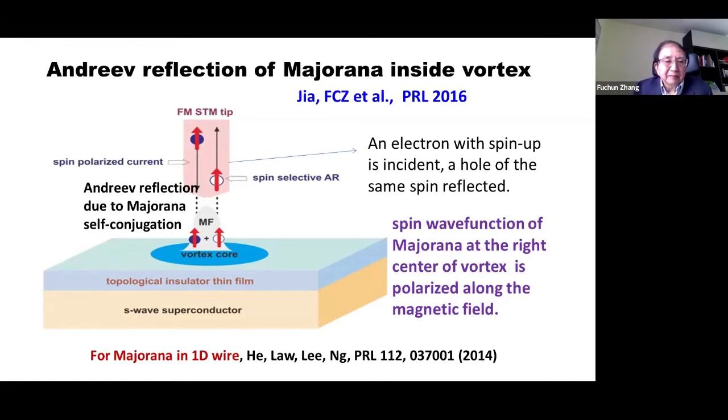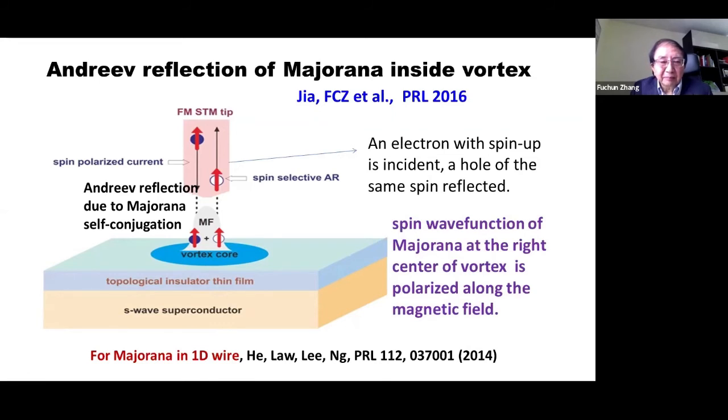I use a spin polarized current, okay. So-called angular refraction is you have one electron in and one hole refracted, and a Cooper pair that is transmitted. That contributes to the tunneling conductance, okay.